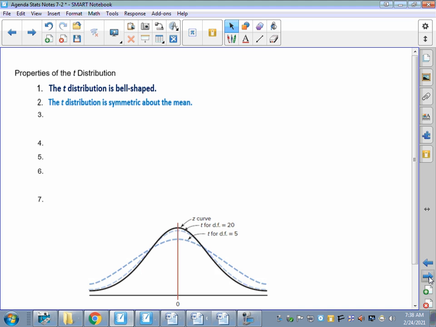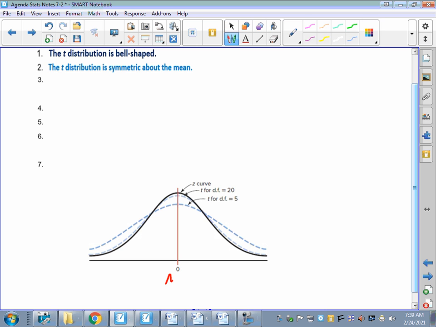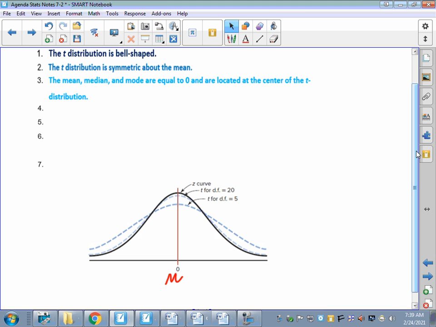That bell shape has to be symmetric about the mean. Just like whenever I draw these things, I always put mu right here. Mu is in the center. In addition to being symmetric about the mean, the mean, median, and mode are all in the center. They're all equal to 0 in our normal distribution.